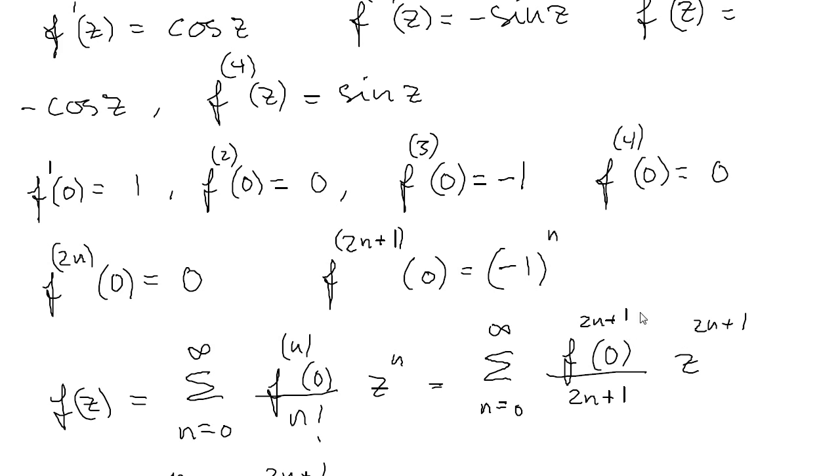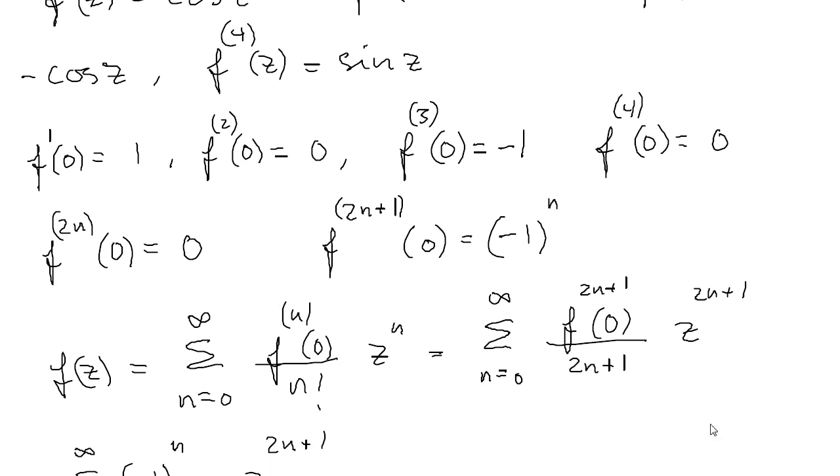So we only need to take care of the odd derivatives of the function. So then we obtain this expression. Sorry, here we should have factorial. You see that it's n factorial here. And we are multiplying this with z to the power of 2n plus 1.